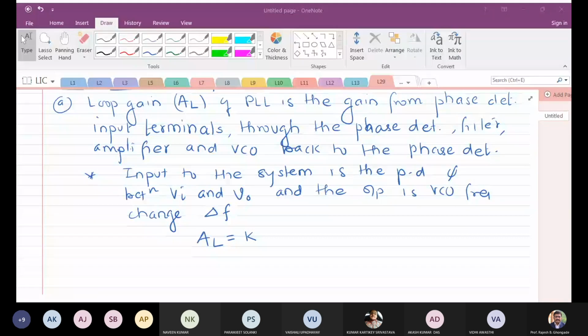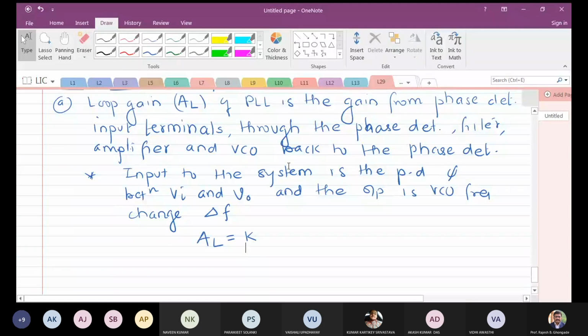So as I said, we were trying to find out the loop gain. So loop gain can be given as KD into AV into KO, or K naught.